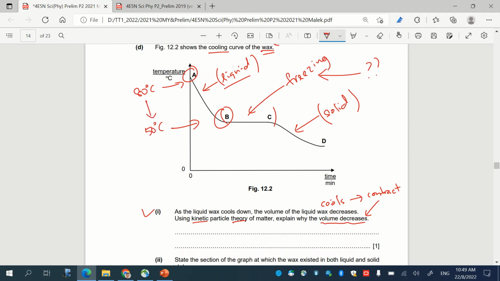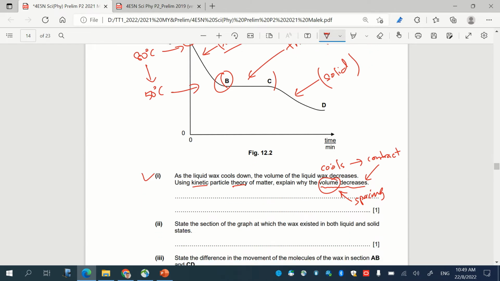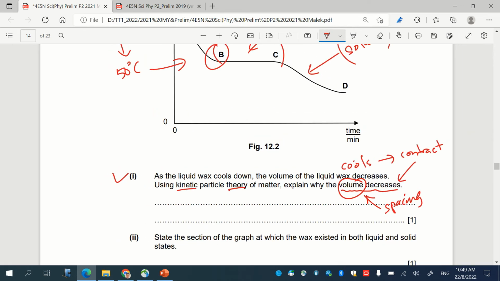What will happen to the movement of the molecules and the molecular structure in terms of spacing, because volume has to do with spacing? What will happen to the spacing between the molecules when it contracts? The spacing or the distance between the molecules becomes shorter. So the molecules become more closely packed.